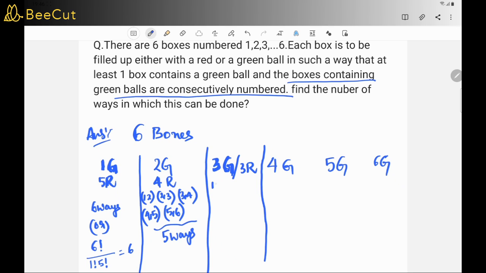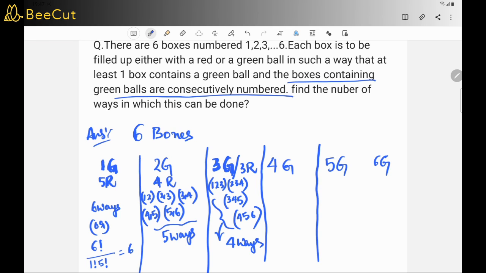So greens can come in box number 1, 2, 3. They can come in box number 2, 3, 4. They can come in box number 3, 4, 5. They can come in box number 4, 5, 6. So this can be done in 4 ways.